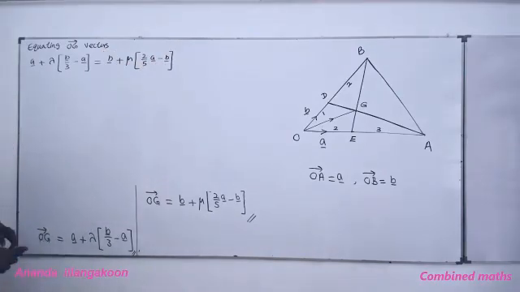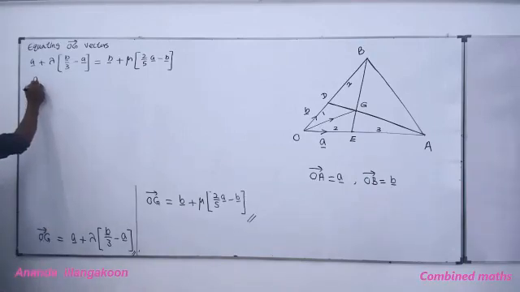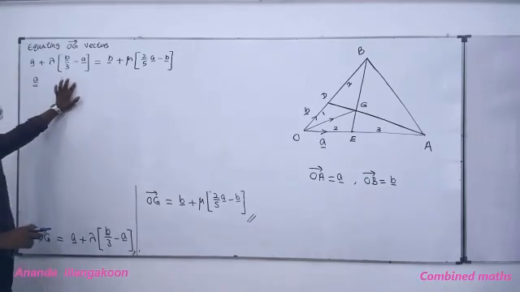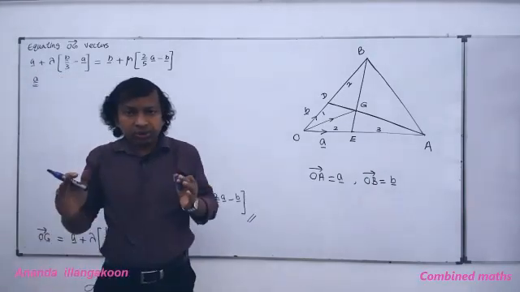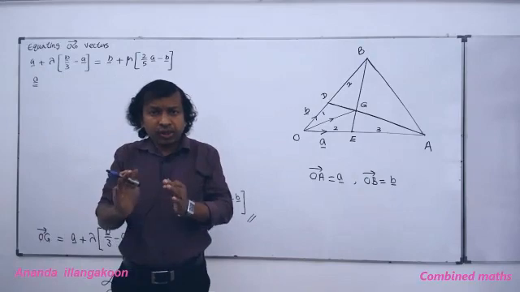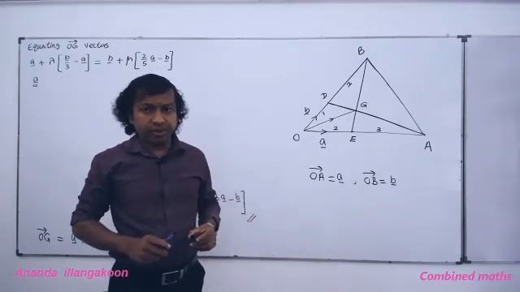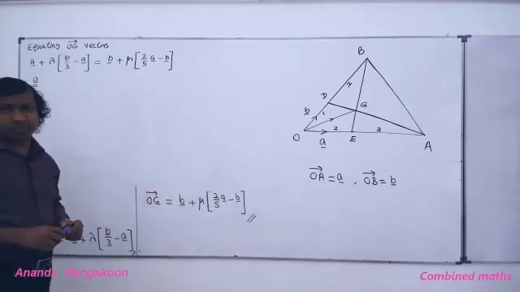Now equate the coefficients of simple a vector and simple b vector on both sides. I am going to equate the simple a coefficients. Now, in our earlier question, I removed the brackets on both sides and brought simple a vectors together, separated on the left and right. Now I am not going to do that. Directly I take. It's very easy. No need to write that step.